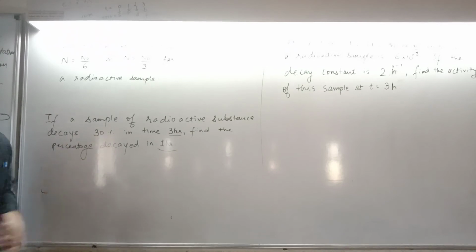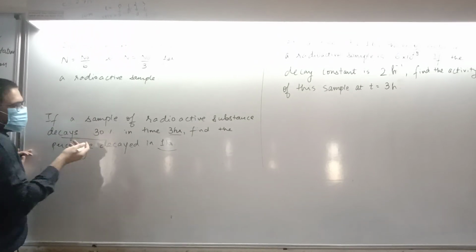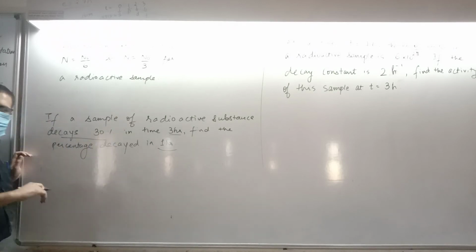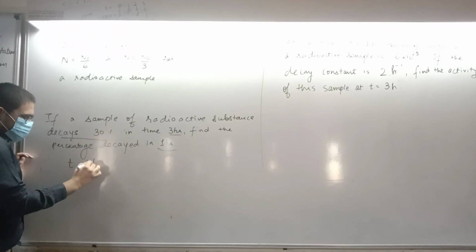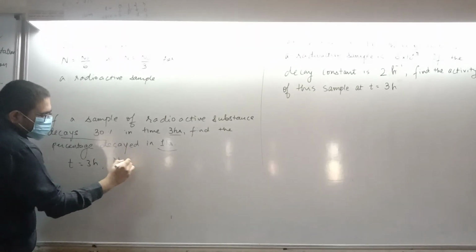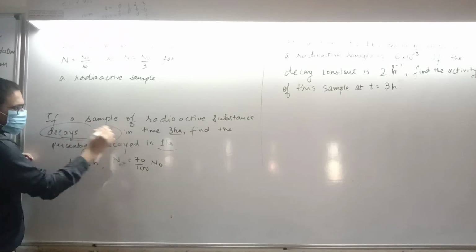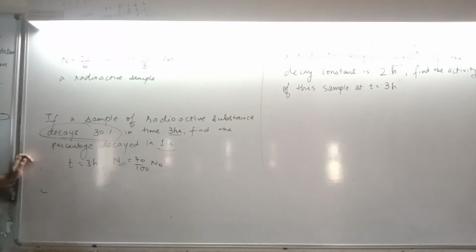Okay, let's see what we have. It's given that 30% decays in 3 hours. So when time is 3 hours, n is 70 by 100 n0. Understood? At 30% decay, 70% is remaining.